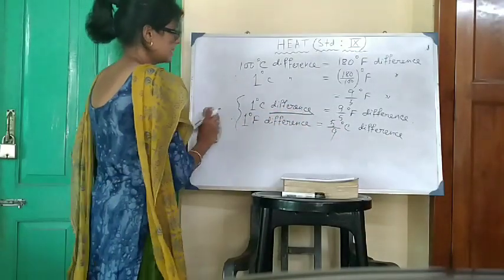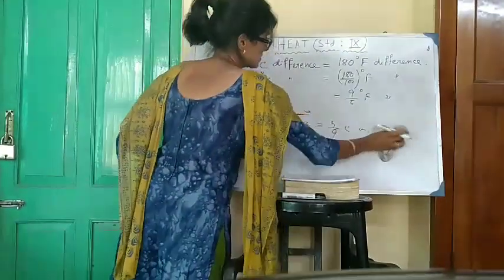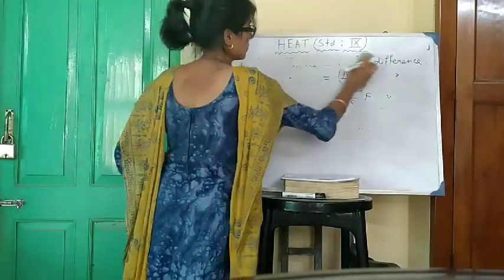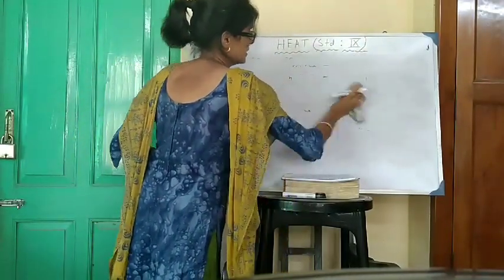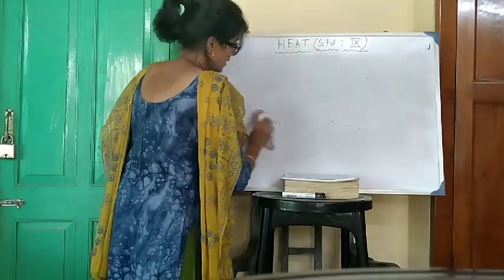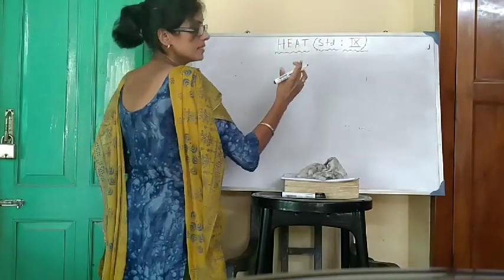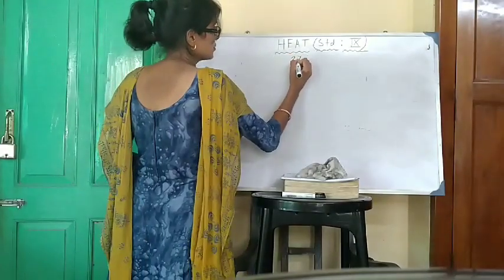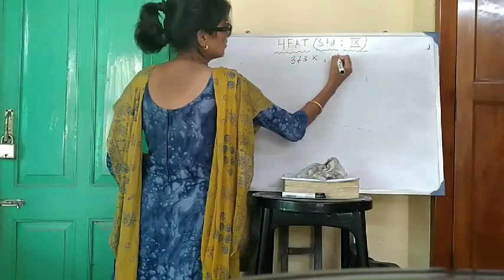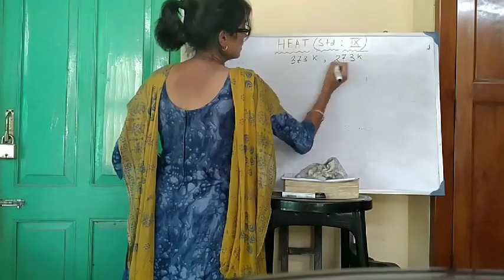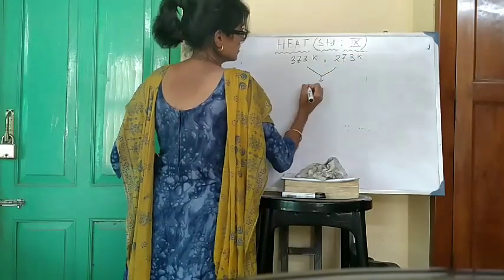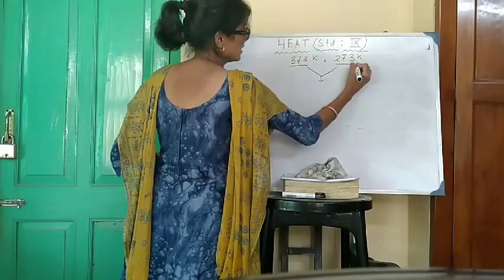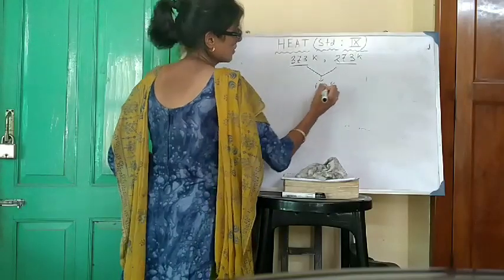Okay, consider Celsius and Kelvin scale. In Kelvin scale, the fundamental interval is 100 K because upper fixed point is 373 Kelvin, lower fixed point is 273 Kelvin. So fundamental interval is 373 minus 273, that is 100 Kelvin.